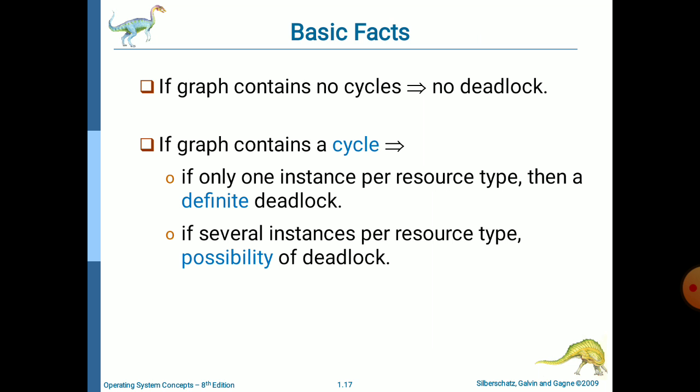If several instances per resource type are present and a cycle occurs, then there is a possibility of deadlock. So this slide gives the information on when there will be a deadlock possibility for resource allocation graphs, so you must observe this slide carefully.